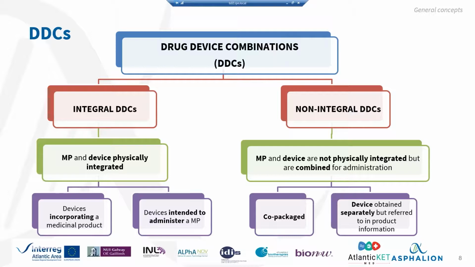Okay, this would be the left column. Within this group, we would have devices that incorporate a medicine. Sorry, we keep the questions for the end of the session, please. So we've got devices incorporating a medicinal product, and then devices intended to administer medicinal products.